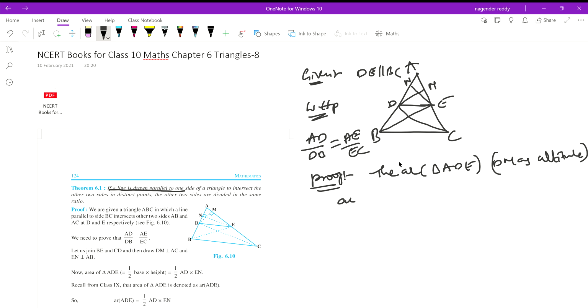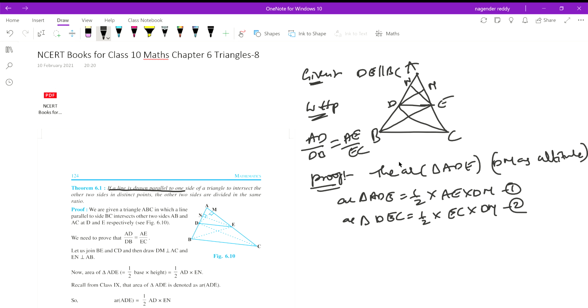So the area of triangle ADE is equal to half into base into height. The height is DM and the base is AE, so half into AE into DM. Consider this equation 1. In the same way, the area of triangle DEC is half into base EC into DM.